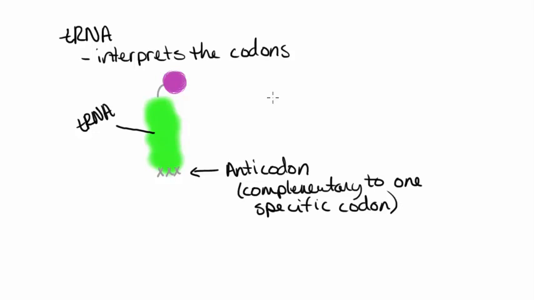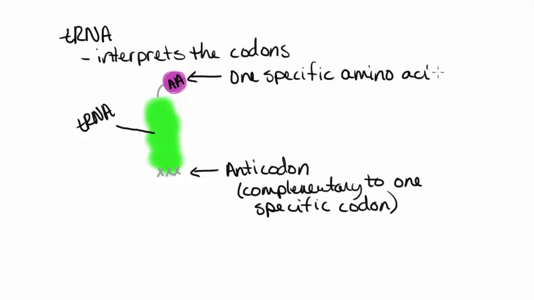And then on the other end, up here shown in purple, there is a place for an amino acid to be attached. So I'm showing here the purple is representing the amino acid, and this will be one specific amino acid that gets attached. So we will have lots of different tRNAs actually inside of the cell, and these tRNAs each have different anticodons on the end because these match one specific codon.